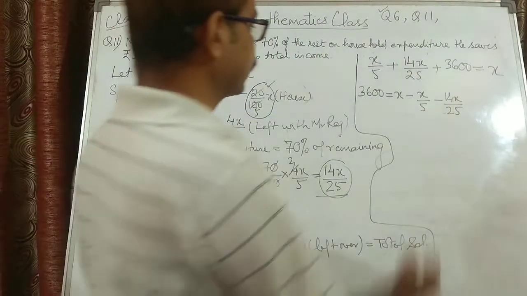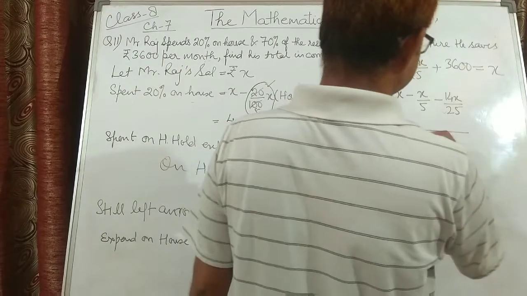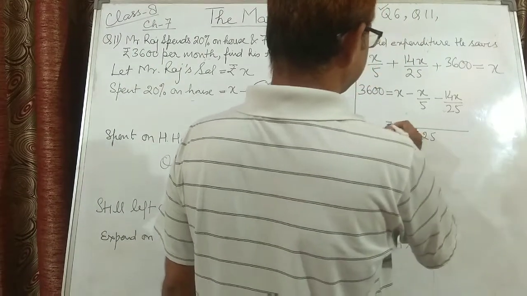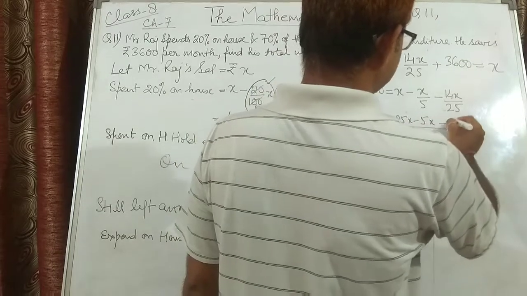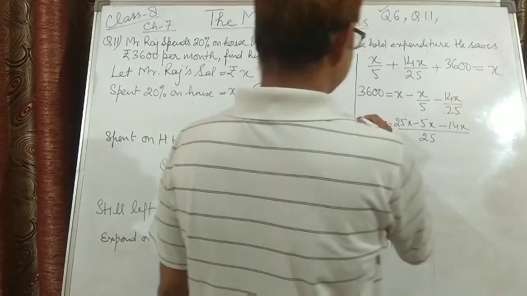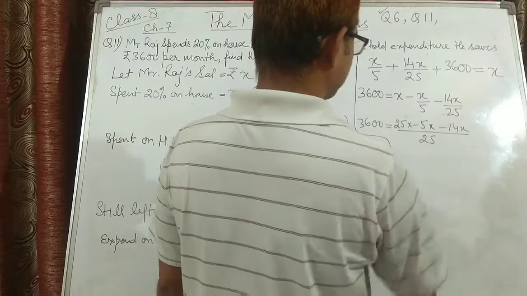Now you can simply solve it by taking the LCM. LCM will be 25. Here it will be 25x minus 5x minus 14x is equal to 3600.